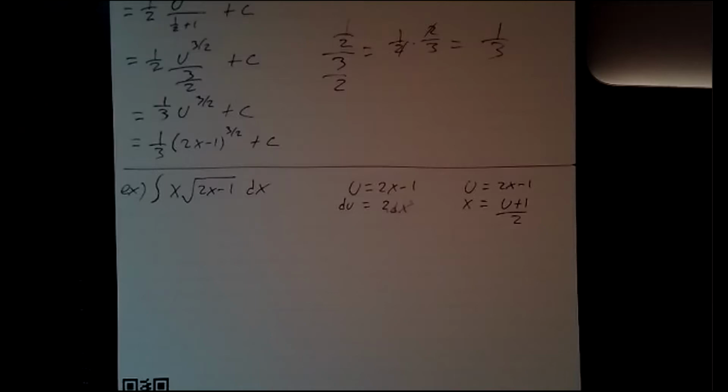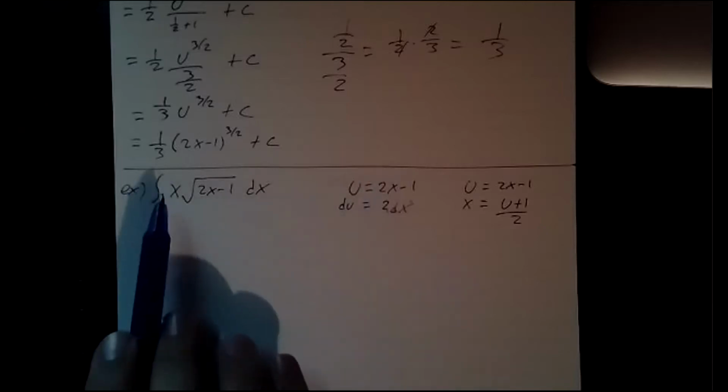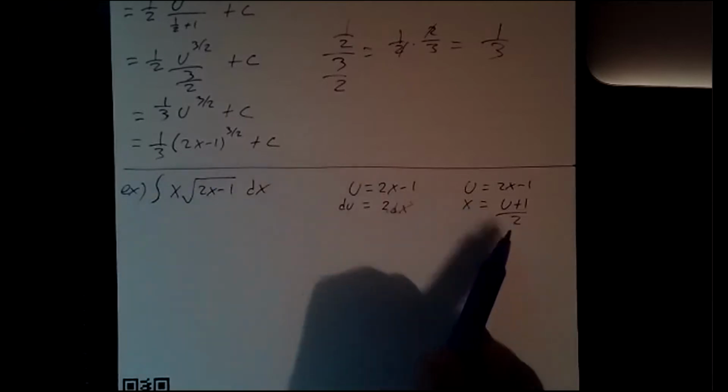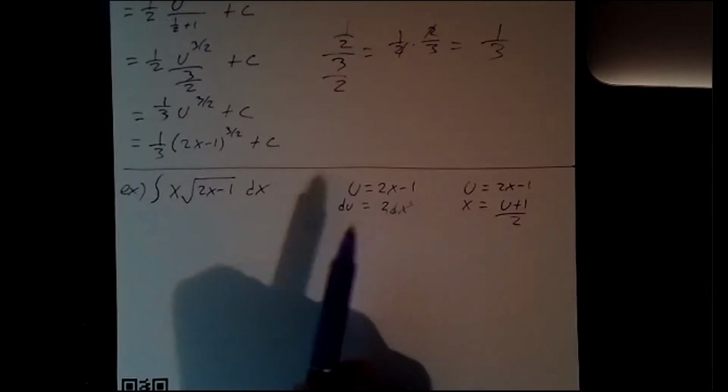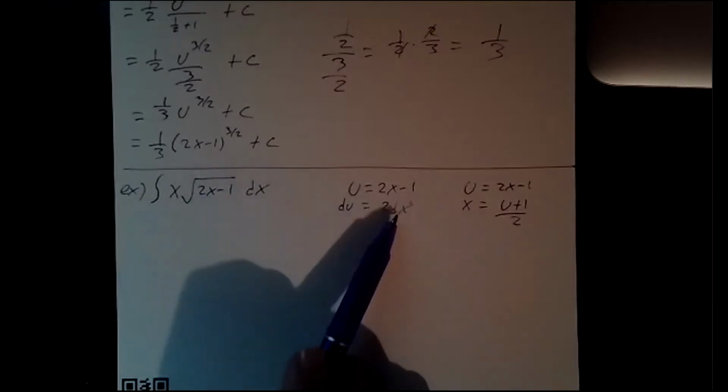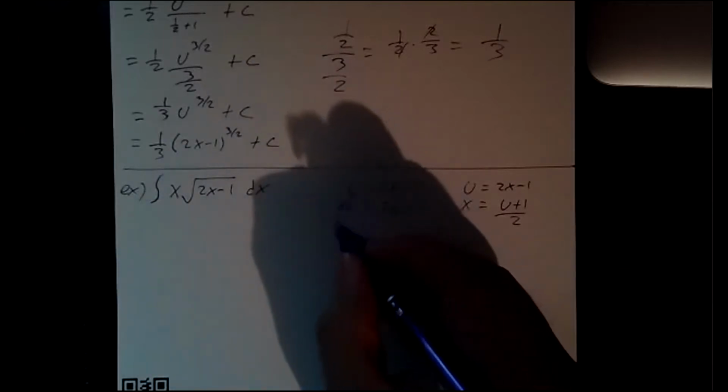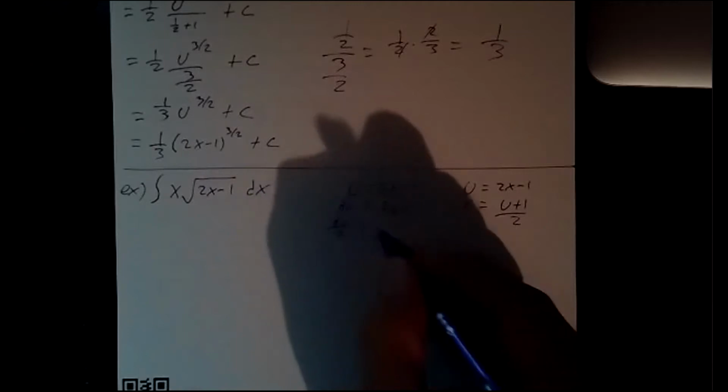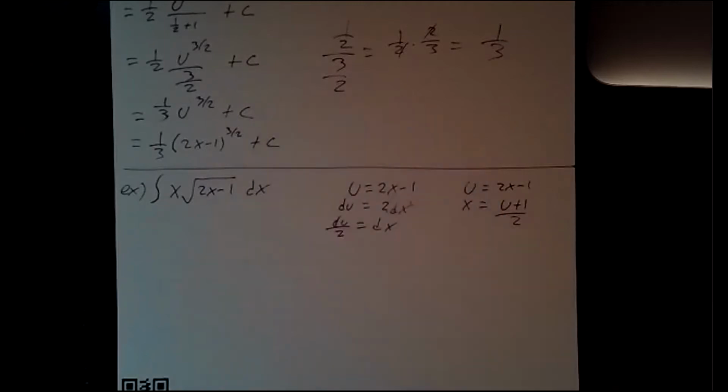So I can replace this x with this guy. I can replace this dx with this, and I can replace the u. That way we'll no longer have any x's anymore.